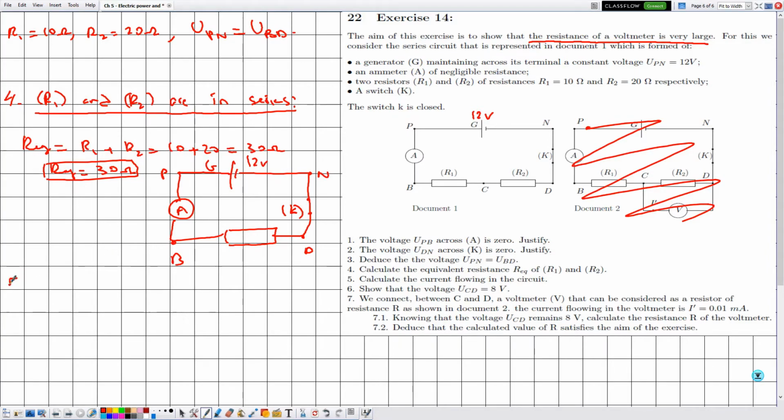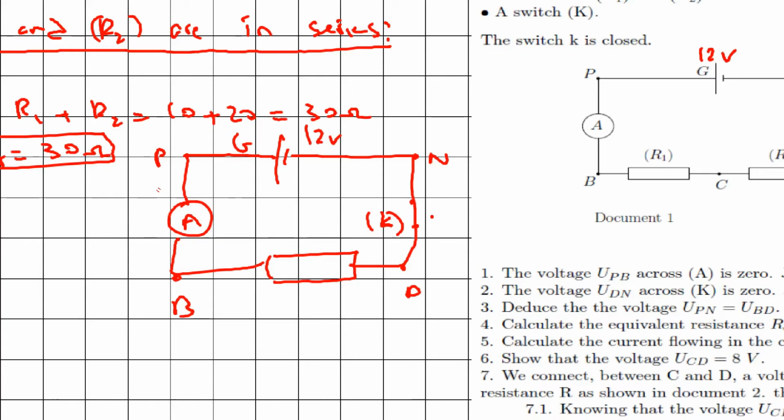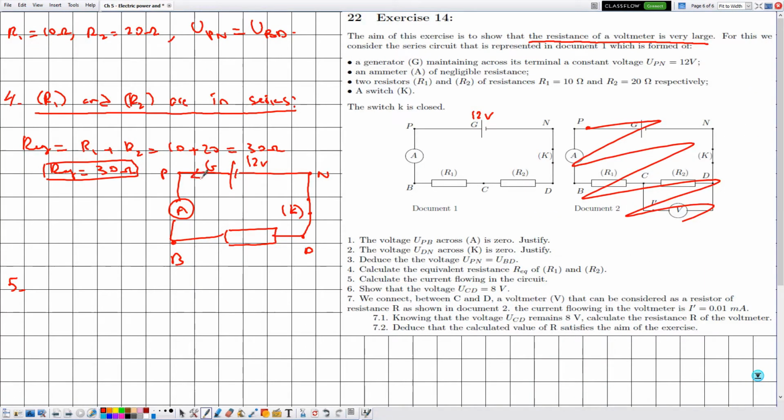Now in part 5, they are telling me to calculate the current flowing in the circuit. So notice that this is a closed circuit, which means that it will be traversed by a current I, which is measured by the ammeter, and the direction of this electric current is always from the positive pole to the negative pole.